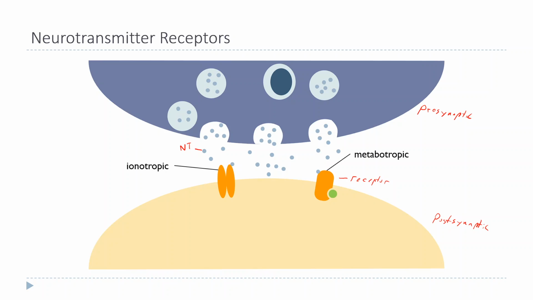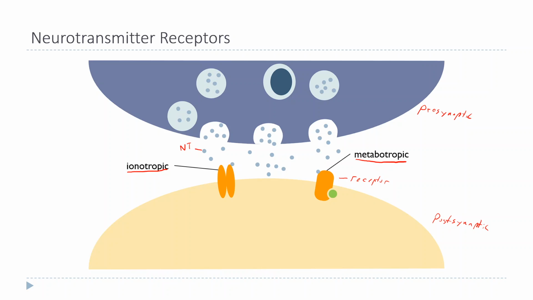And the receptors come in lots of varieties. For every neurotransmitter there can be many, in some cases hundreds, of different types of receptors. They can be classified in different ways, and they cause the cell to respond in different ways. But broadly, we can classify them into two groups: the ionotropic receptors and the metabotropic receptors.